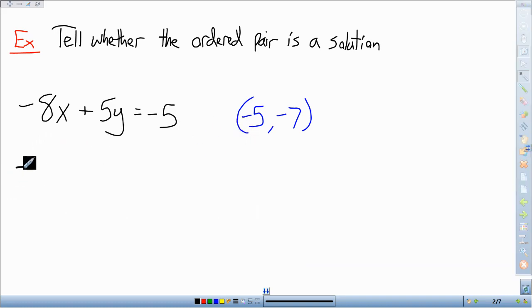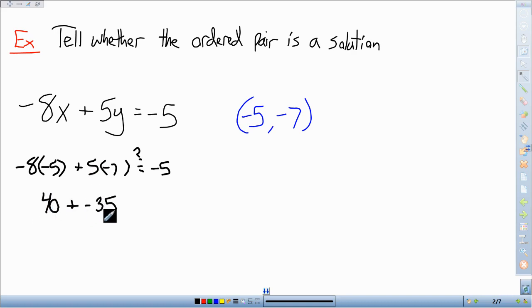So I'm doing -8 times x, which is -5, plus 5 times y, which is -7. And we're wondering, does that equal -5? All right, so from here, looks like we're getting 40 plus -35. Does that equal -5?